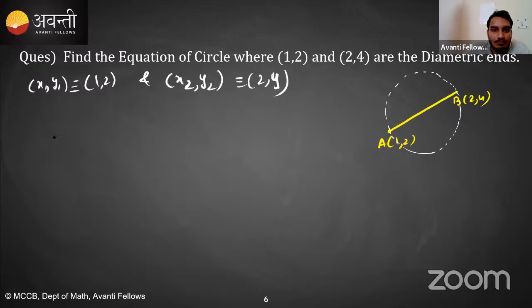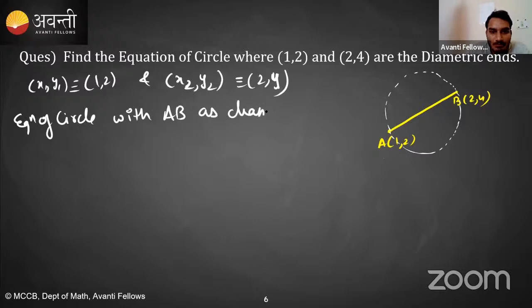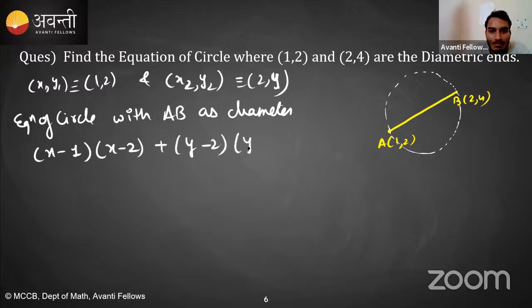So the equation of the circle with AB as diameter is nothing but x minus x1 into x minus x2 plus y minus y1 into y minus y2. So this is the equation of the circle, equal to 0.